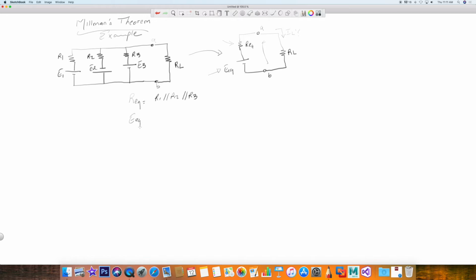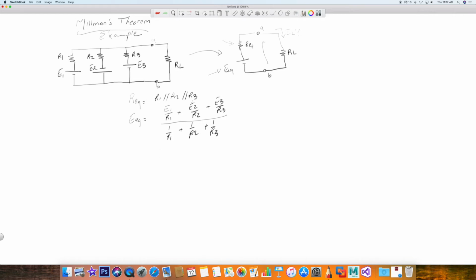E equivalent, in theory, should be the sum of all the voltages against their resistor. So it would be E1 over R1 plus E2 over R2 plus E3 over R3, divided by 1 over R1 plus 1 over R2 plus 1 over R3.